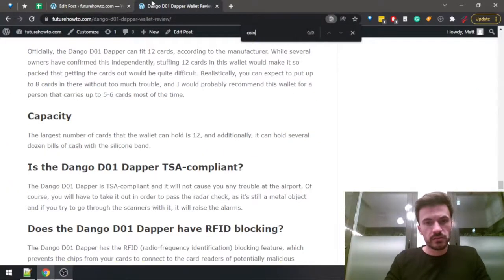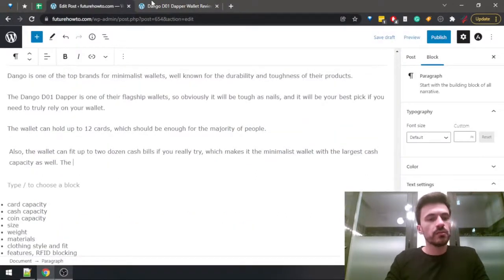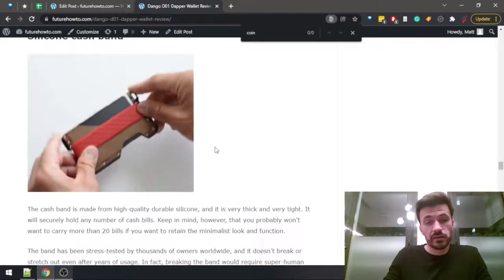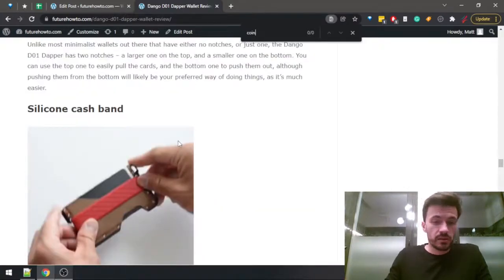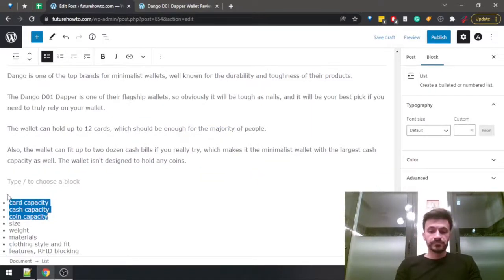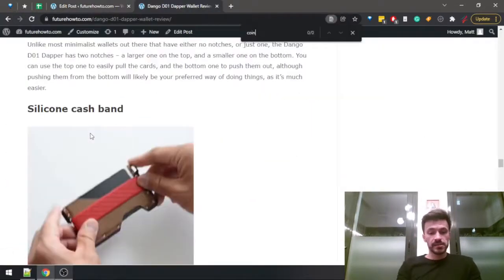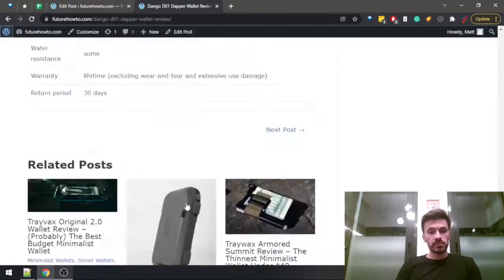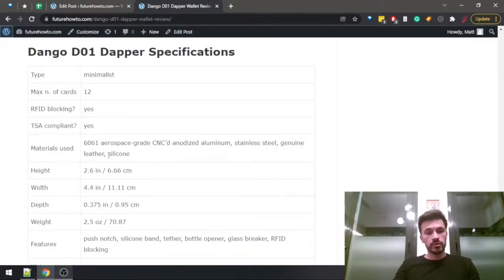Coins, I don't think this can hold coins. The wallet isn't designed to hold any coins. I guess you can somehow. No, you probably can't. Okay, there we go. Size. Let's see what we got here. Medium size, kind of.